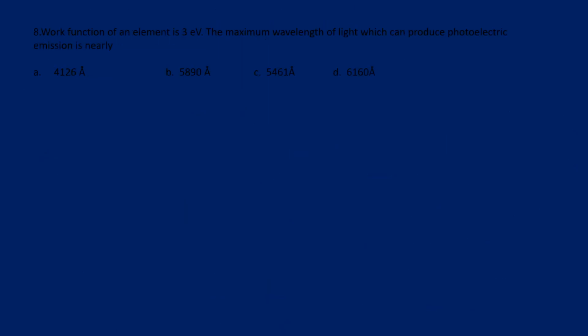Work function of an electron is 3 electron volt. The maximum wavelength of light which can produce photoelectric emission is nearly. We have the equation for work function phi equal to hc by lambda. We can find lambda as hc divided by phi.